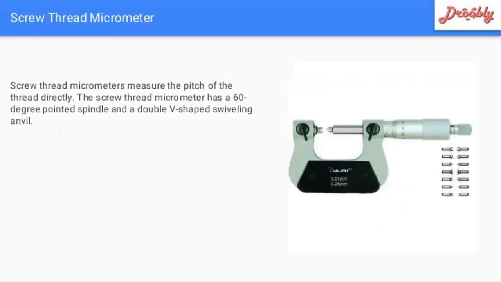Next, we will see the screw thread micrometers. You all know about the micrometers, which we have seen in the second unit. Different types of micrometers have been established there. So the screw thread micrometer is one of the types in the measurement, that is outside micrometer, inside micrometer, depth gauge micrometer, and the screw thread micrometer.